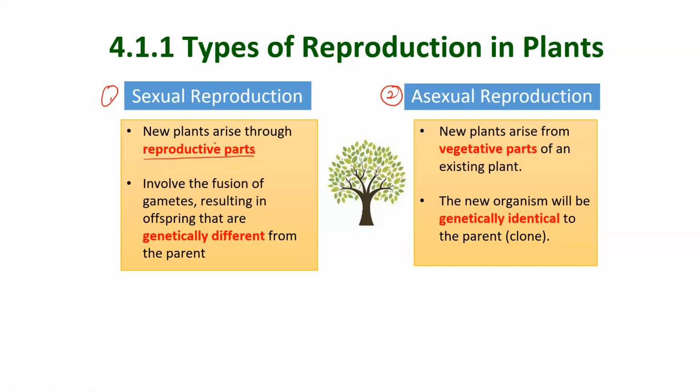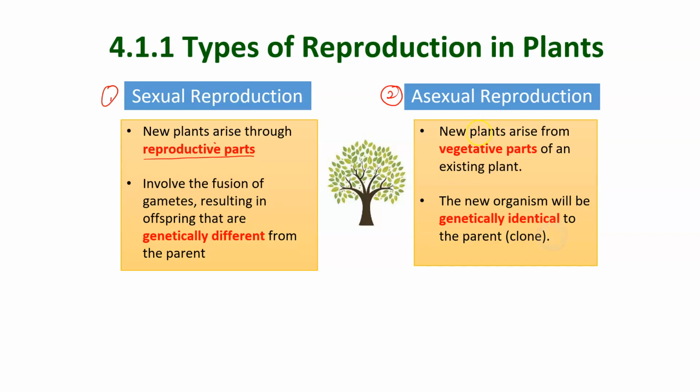The plant will have the male reproductive organ and female reproductive organ. The plant can produce pollen, which contains sperm cell, and in the ovary it has ovule that can produce eggs. So fertilization occurs for sexual reproduction in plants.